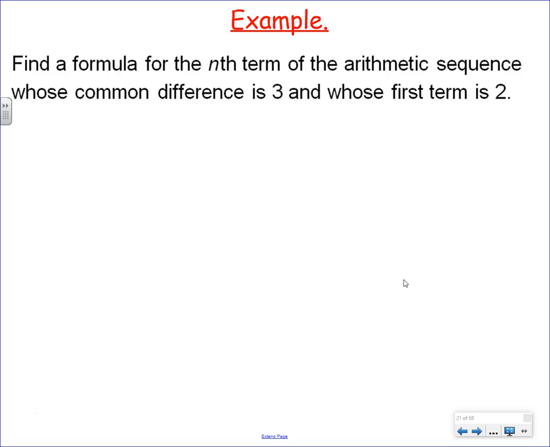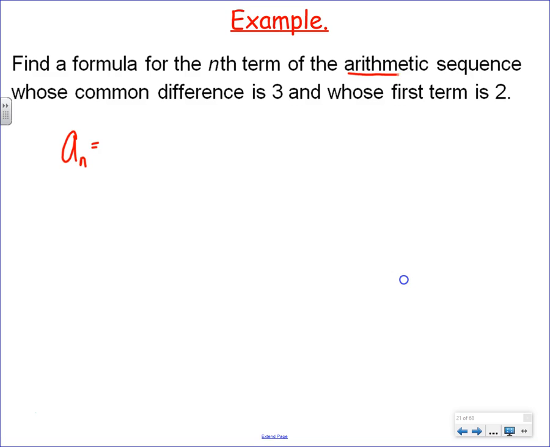Shouldn't make you think too outside of the box. Wasn't too bad, right? Because nth term, doesn't that just mean they want a sub n?